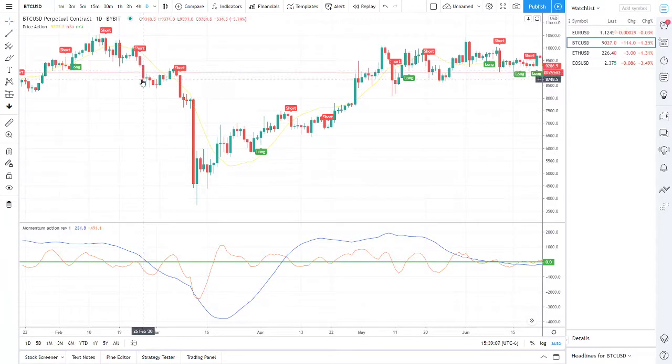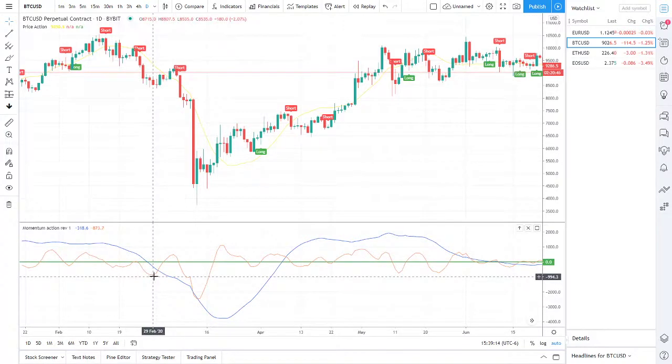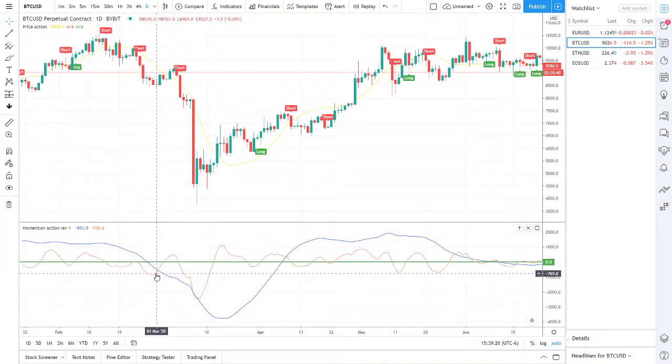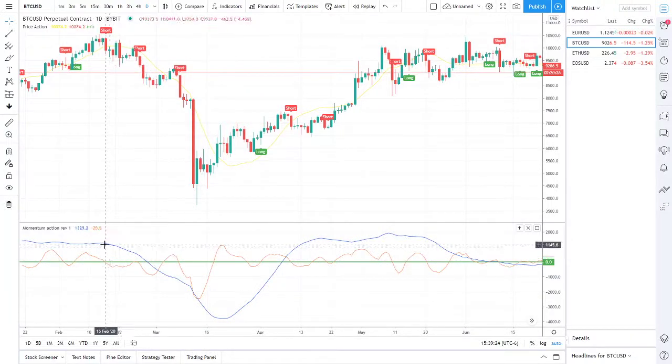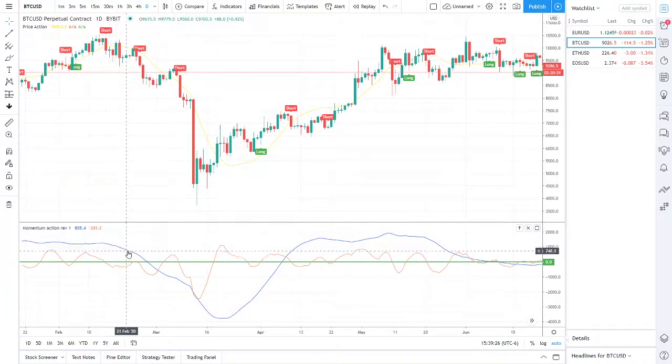It's good to know also when you should exit the position. First exit can be as soon as the red indicator is going up or breaking up. But as I mentioned, if the blue line is going down and also goes below zero, once the red line is below zero, we have confirmation for a stronger move.